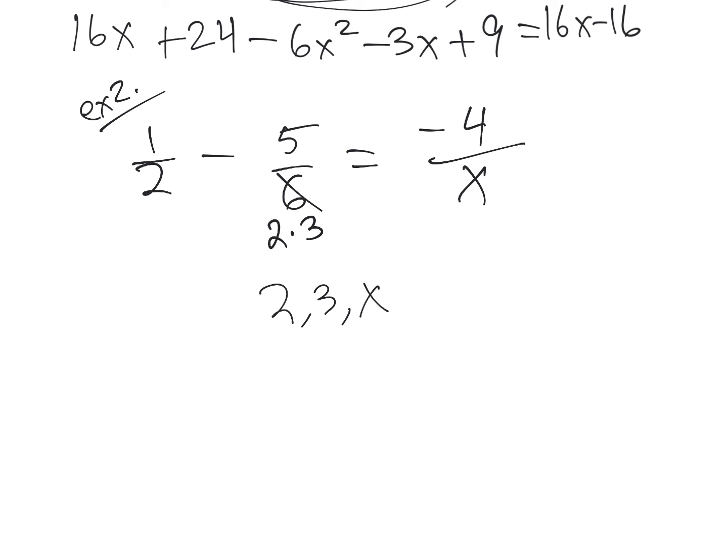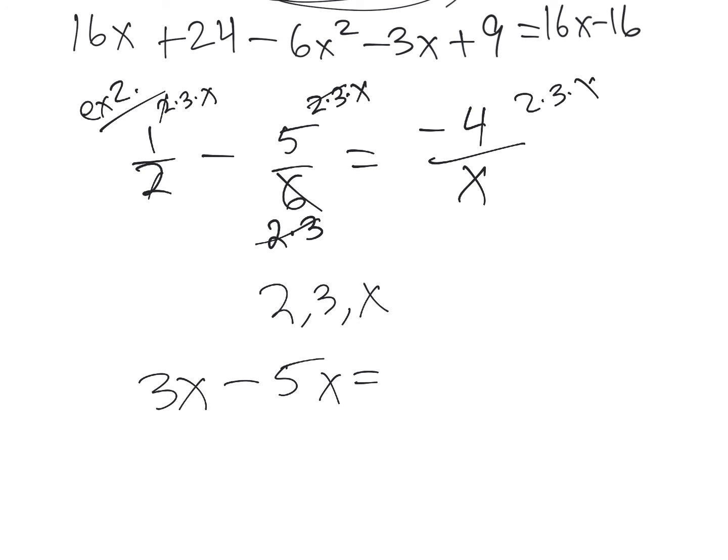So if I multiply everything by 2, 3, and x, or 6x, the 2s will cancel, and I'll get 3x for the first term. The 2 and the 3 will reduce in the second term, leaving 5x. The x's will reduce out in the right side, leaving what?